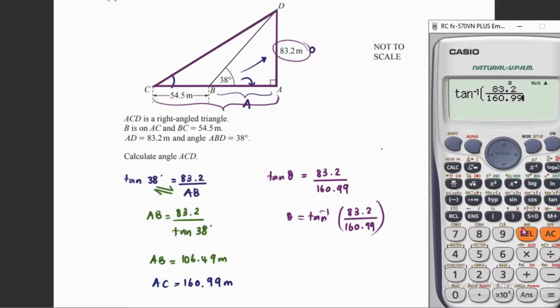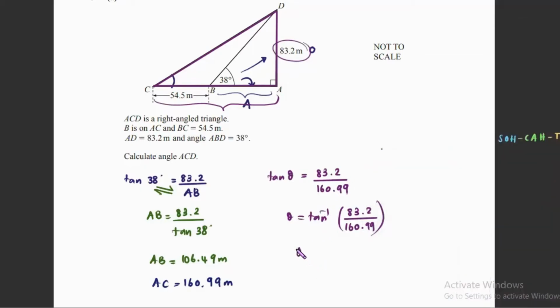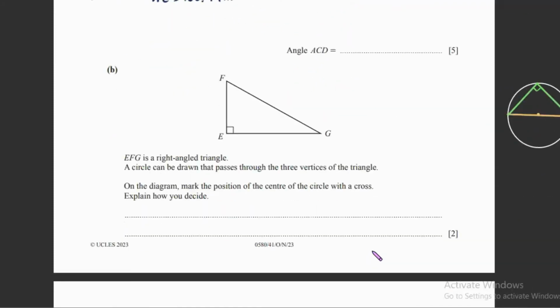So when I do that, the value that I end up getting will be equal to 27.33. So this is the value of the angle. So the angle is 27.33 degrees. Let's move on to the next question.